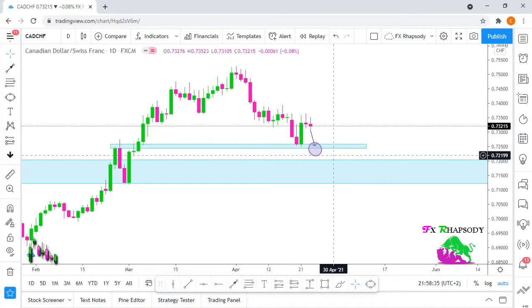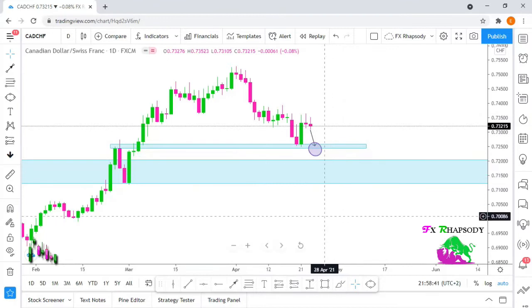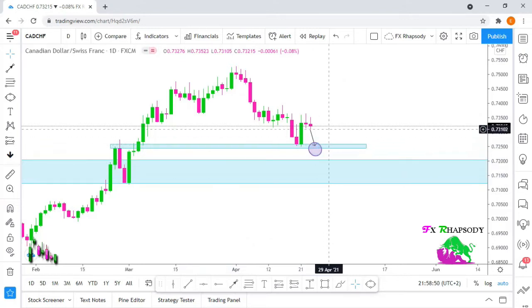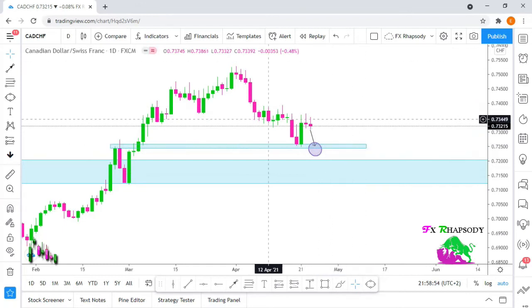There we go. When price comes to this area, I would suggest moving down to the 4 hour, even the 1 hour, and then look for candle confirmations for that break to push price a little bit further down, or for it to turn into bullish momentum and the price will shoot up.